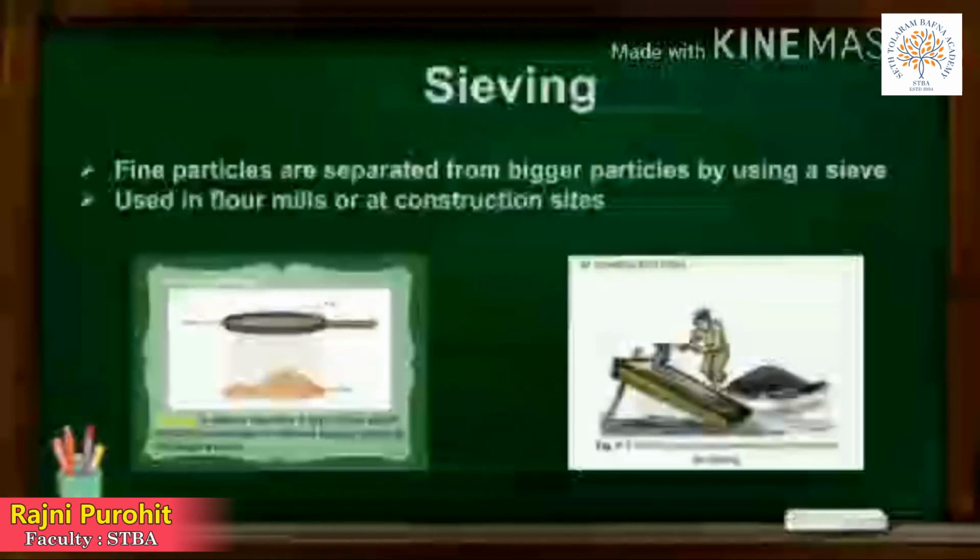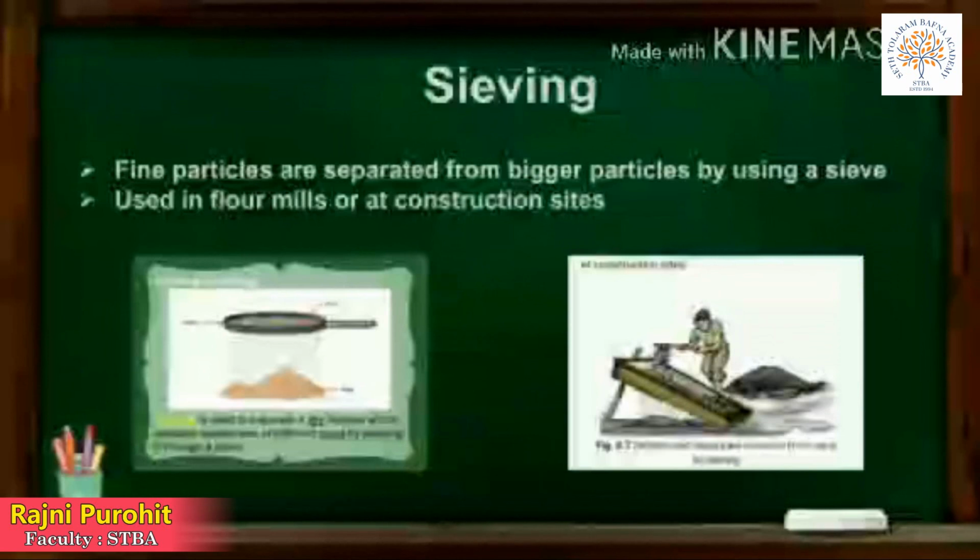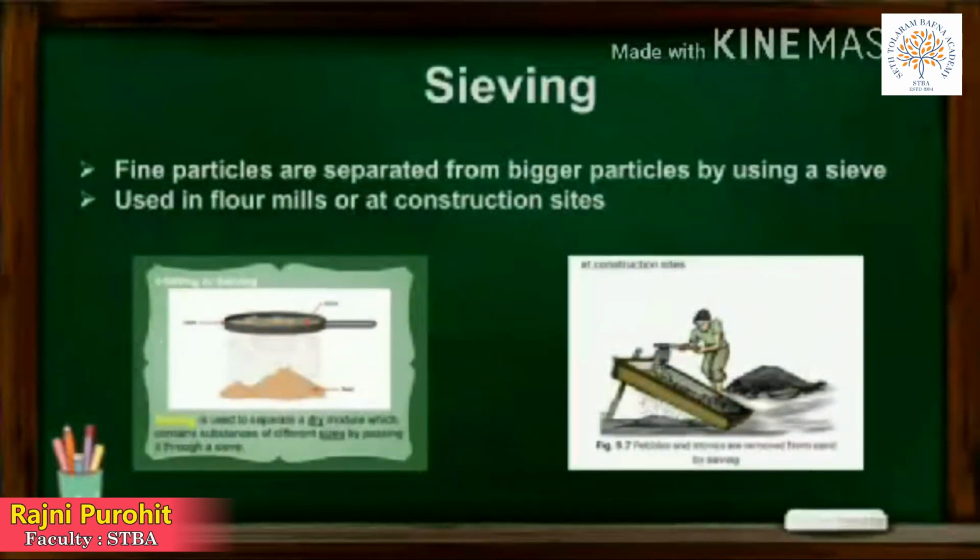Moving towards the next point, that is sieving. Sieving is a method which is used when either the size of the particle is too small to be picked by hand or the quantity is too large.